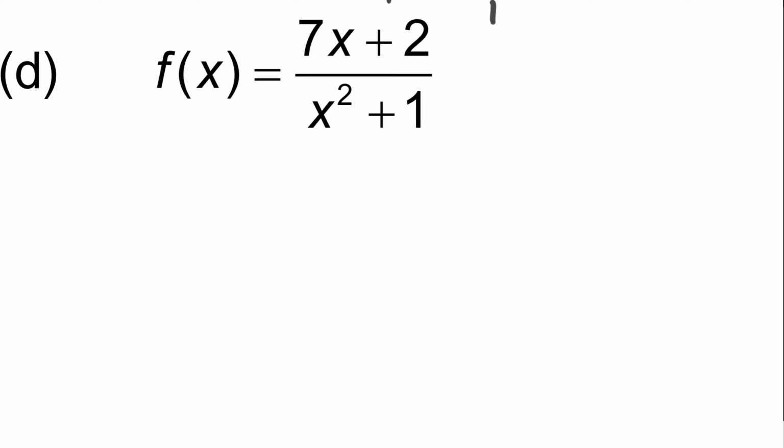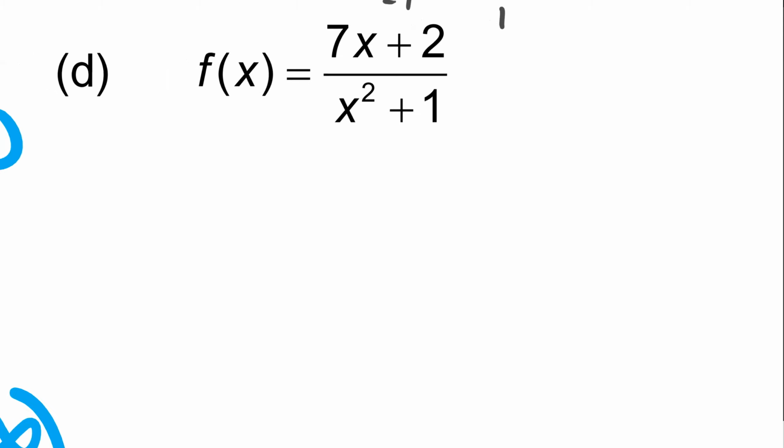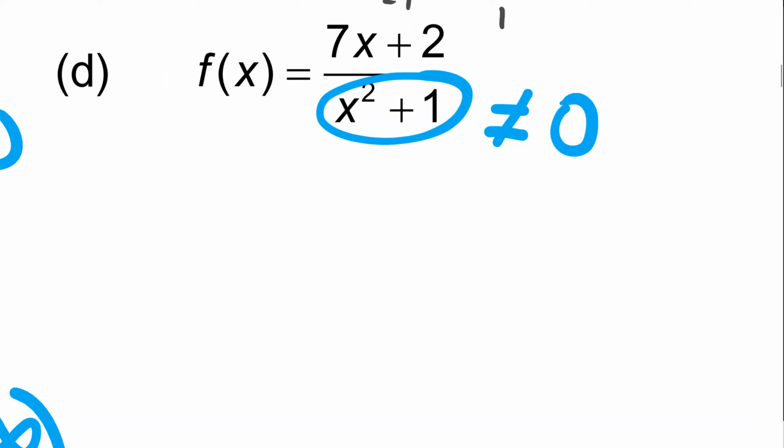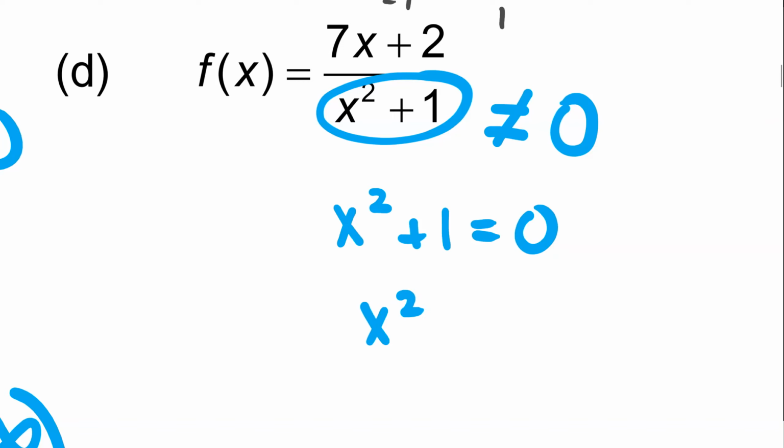Okay, here, is it the same thing as this one? Oh, the plus one now. So this one, I know the bottom cannot equal 0. If I set x squared plus 1 equal to 0, subtract 1 from both sides, x squared equals -1, square root.